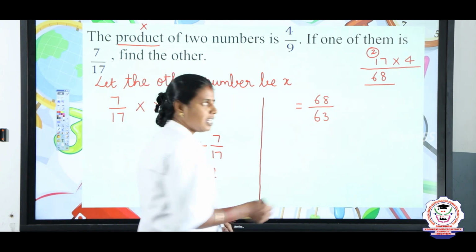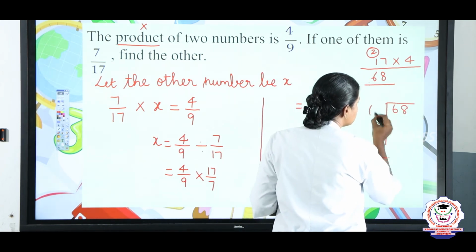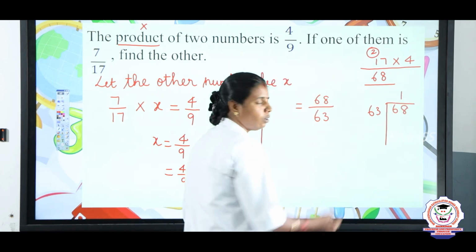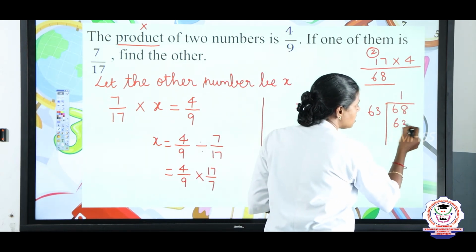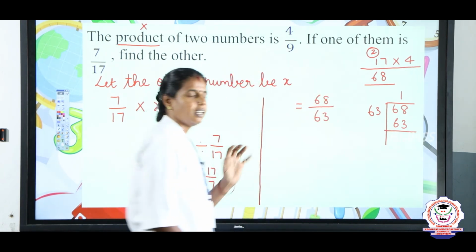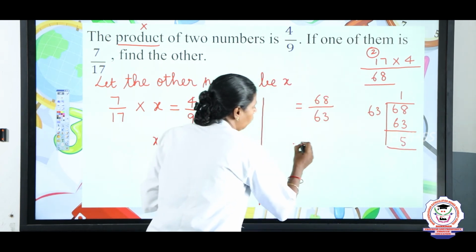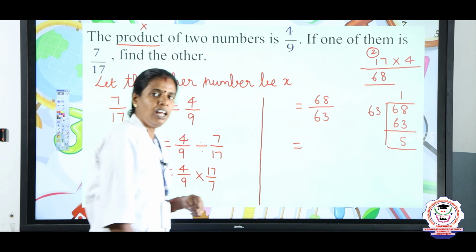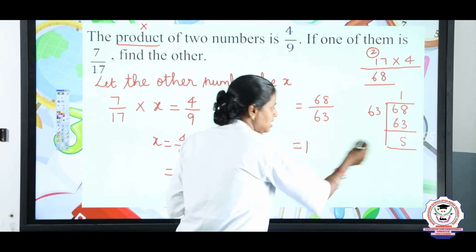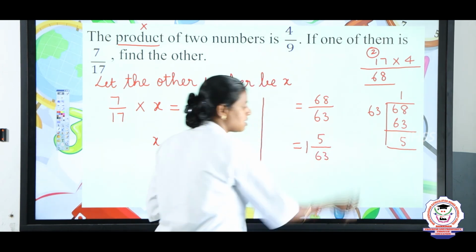Convert into mixed now. 68 divided by 63. So, one time it is possible to divide, right? 63 ones are 63. 8 minus 3 is 5. 5 is the remainder. Now, in the whole number place, we are going to write the quotient, which is 1. The remainder is 5 in the numerator, and the divisor will be 63.